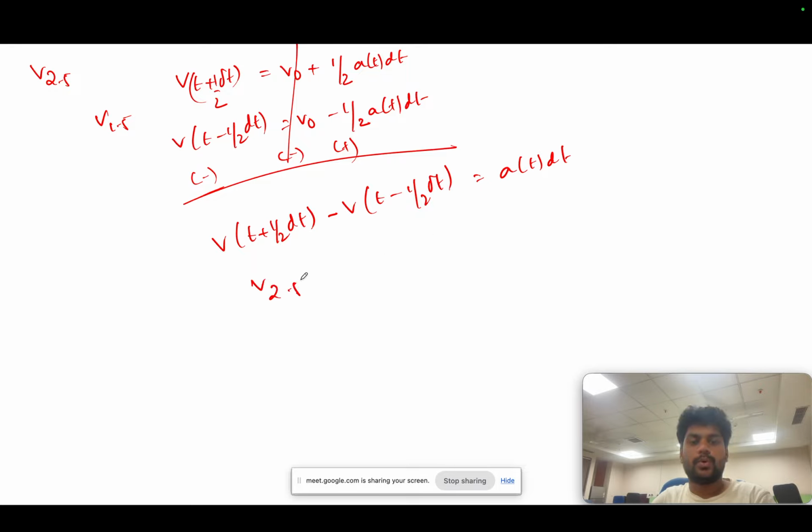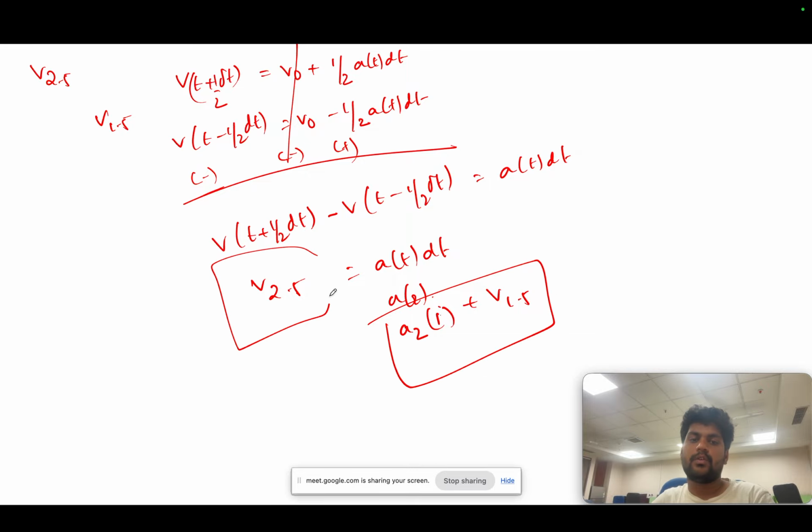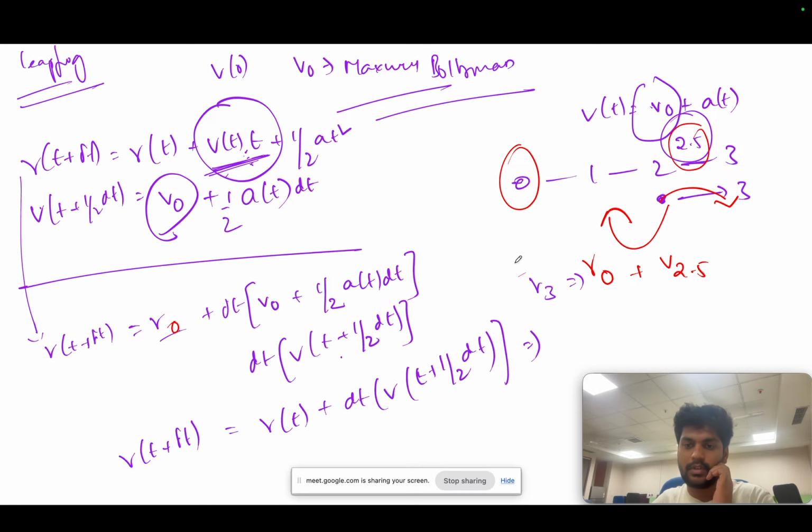So to get v 2.5 equals a2 dt, I mean a of 2, dt plus v of 1.5. So if we know the value of 1.5, we know the value of 2.5. Understand the concept, this one?